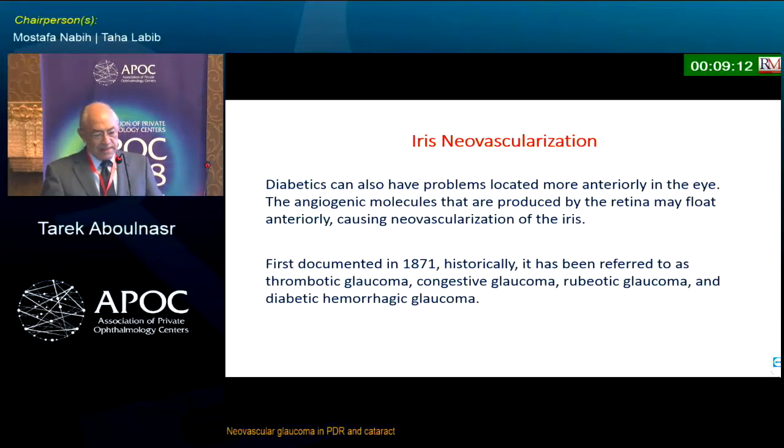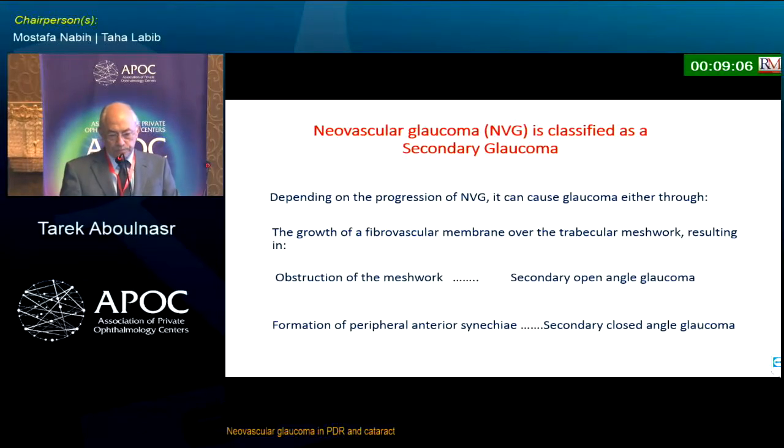It has been referred to as thrombotic glaucoma, congestive glaucoma, rubeotic, and diabetic hemorrhagic glaucoma. The classification of the neovascular glaucoma can depend on the progression of the new vessels. It can cause glaucoma either through the growth of the fibrovascular membrane over the trabecular meshwork, resulting in obstruction of the meshwork, and so we call it secondary open-angle glaucoma.